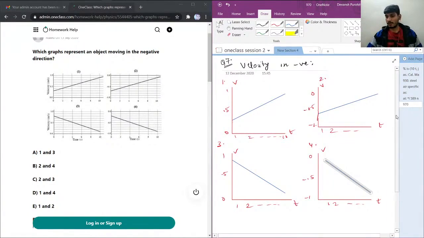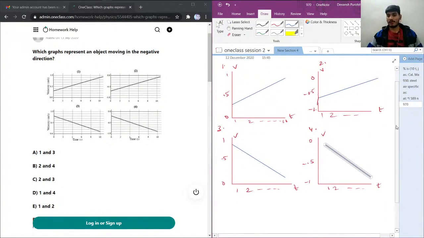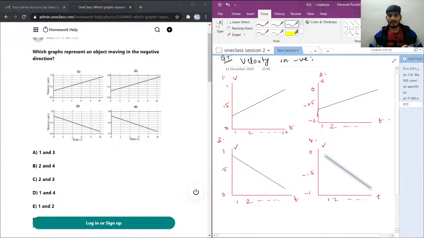As I told you earlier, for the object to represent negative direction, we need a velocity which has a negative sign. The magnitude will always be a number, but it has a negative sign.